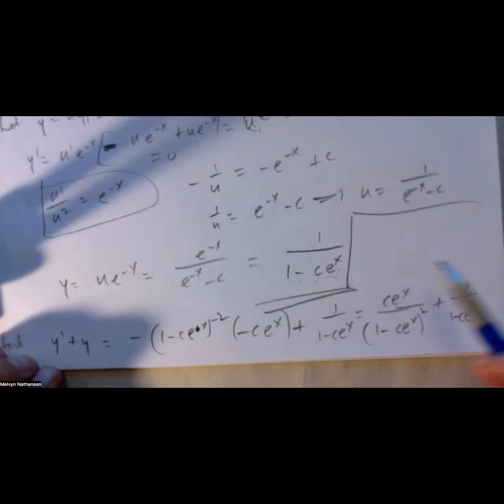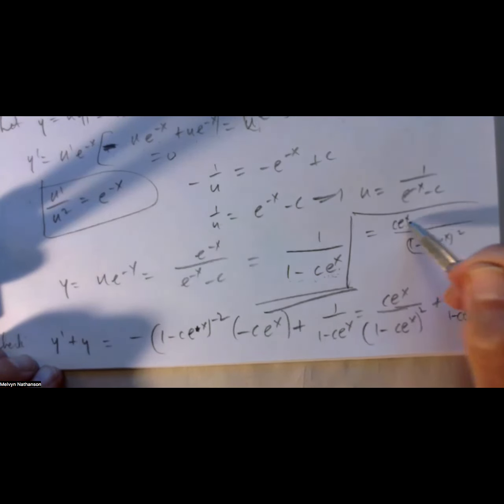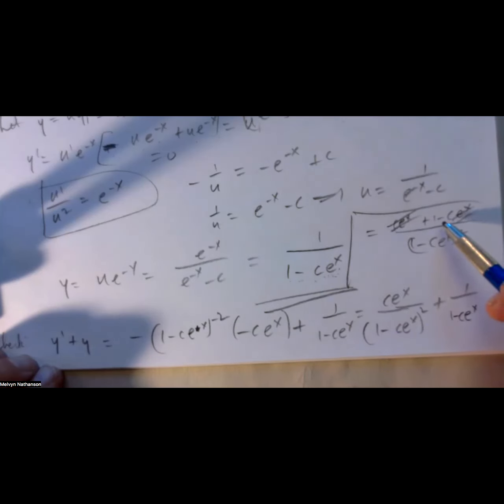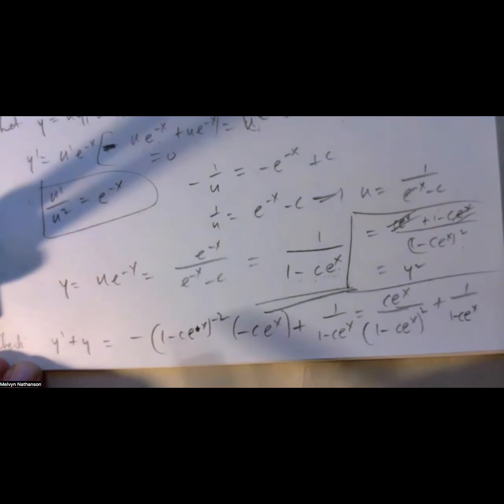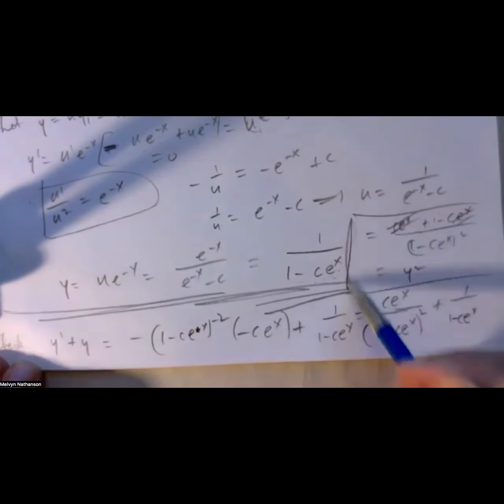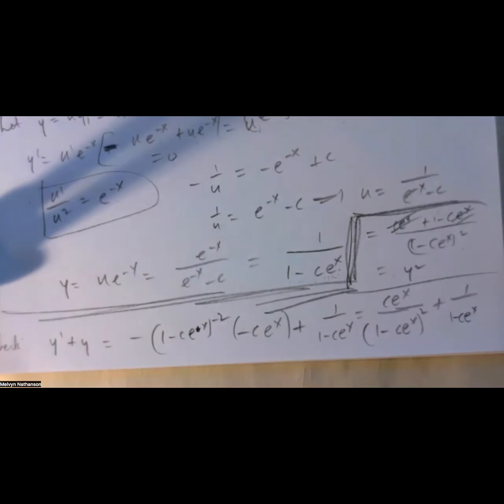If I put this over a common denominator, (1 minus c e to the x) squared, I get c e to the x plus 1 minus c e to the x. These cancel. I get 1 over (1 minus c e to the x) squared, and that's exactly y squared. So y prime plus y equals y squared. So that's my check that everything is good.